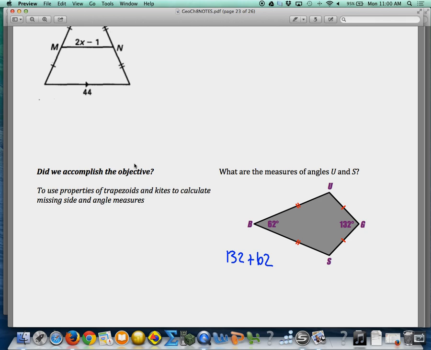Okay, 132 and 62 is 194. 360 minus 194 is 166. Then divided by 2. So 83 and 83.